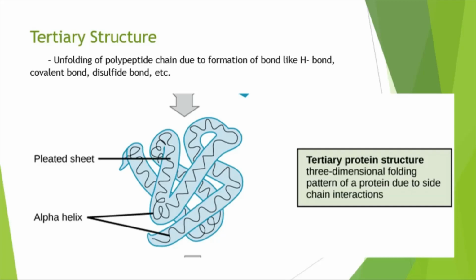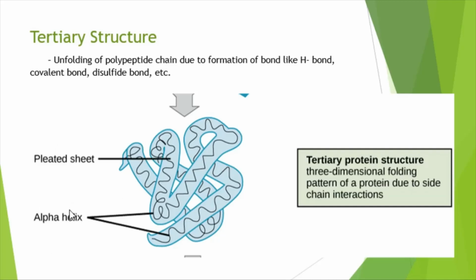Next, let's go to your tertiary structure. This is the folding of the polypeptide chain due to the formation of bonds like hydrogen bond, covalent bond, and disulfide bond. So there are so many bonds that already happen in your peptide chains. It is a three-dimensional folding pattern of a protein due to side chain interaction.